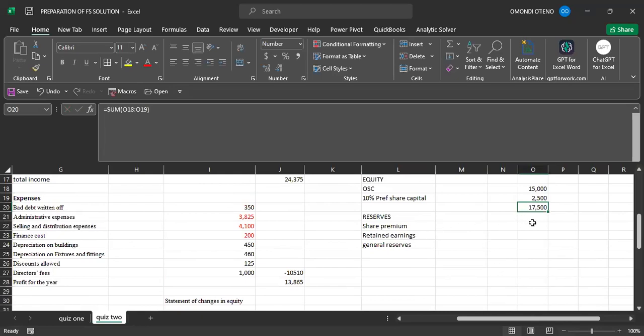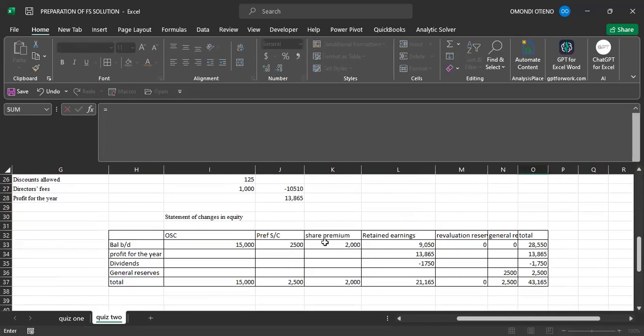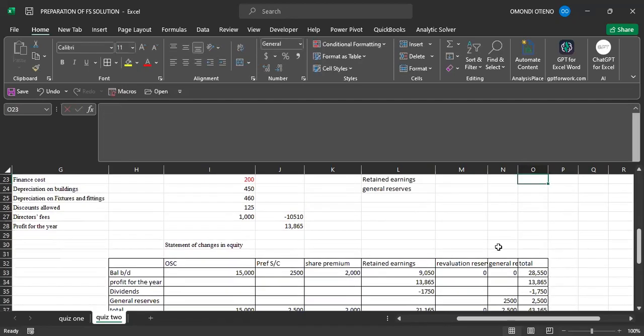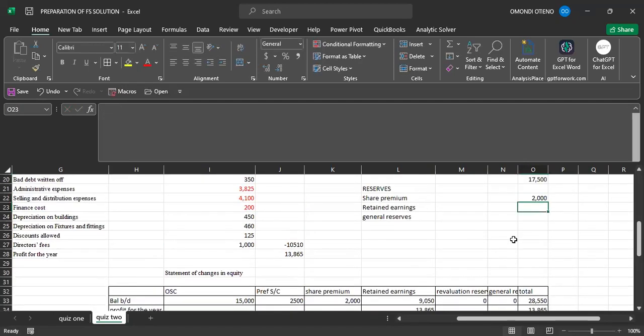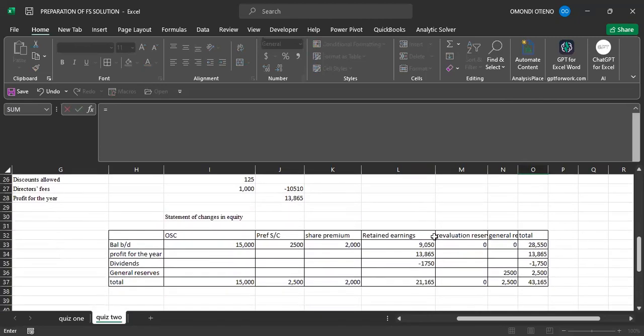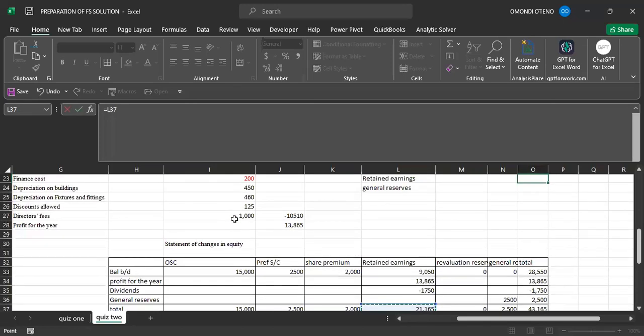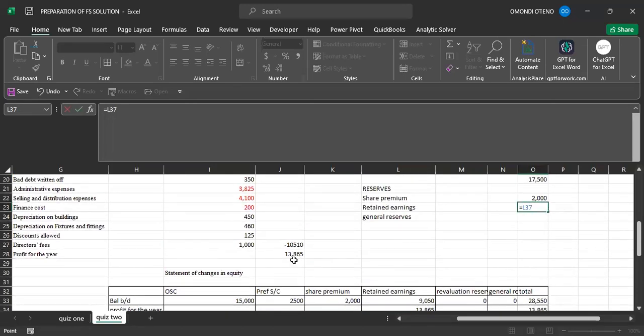Then share premium, come and pick it from the statement of changes in equity. Retained earnings, revenue reserves. Remember, if I pick it from retained earnings, I am having 21,165. If you pick it from the income statement, you are having 13,865. So just look at the difference. Why are we having the difference?